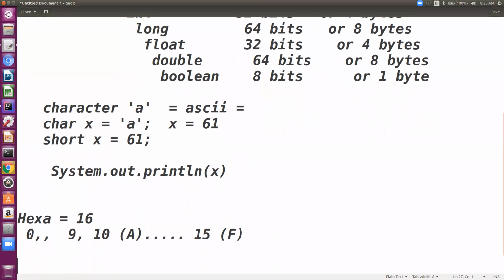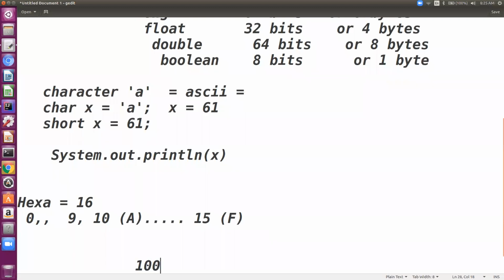For example, if I have to convert 100 into hexadecimal, my divisor will be 16. Mentally, I will remember 16 and then start dividing.